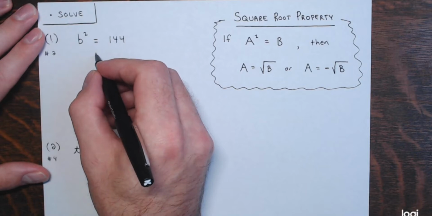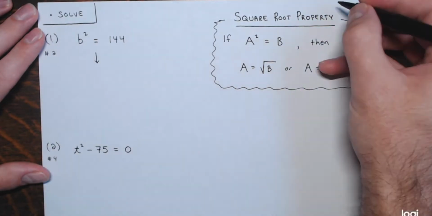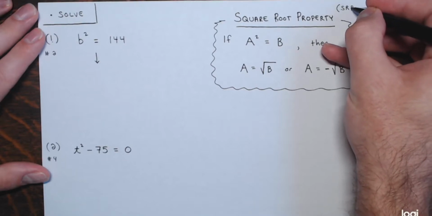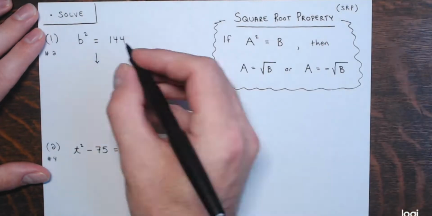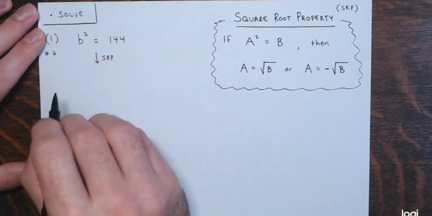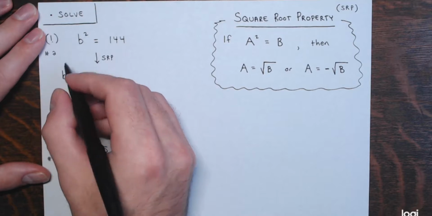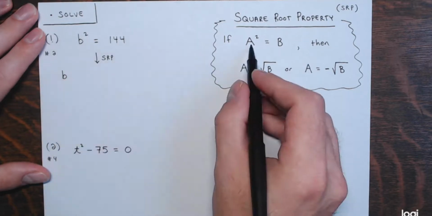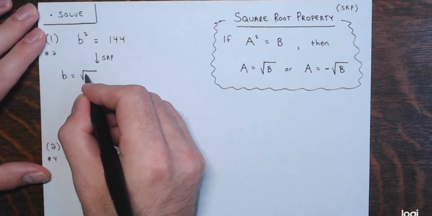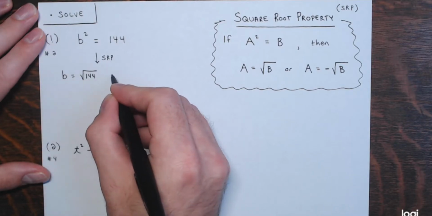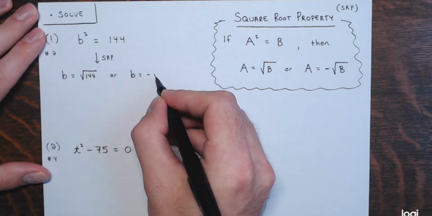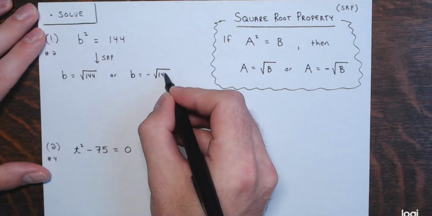So by the square root property, which I'll just abbreviate SRP, for square root property. So applying the square root property, this b, the expression being squared, the base on the power of 2, is either the positive square root of 144 or the negative square root of 144.